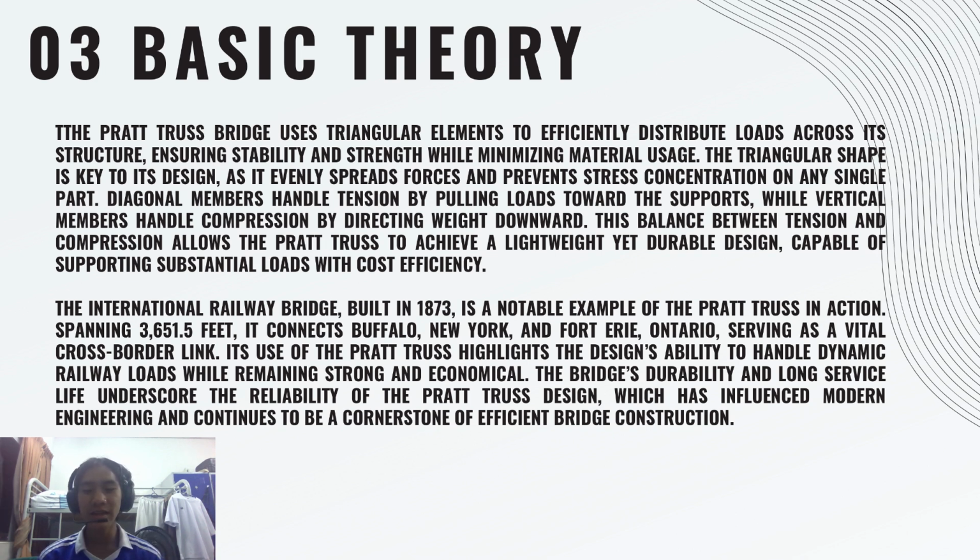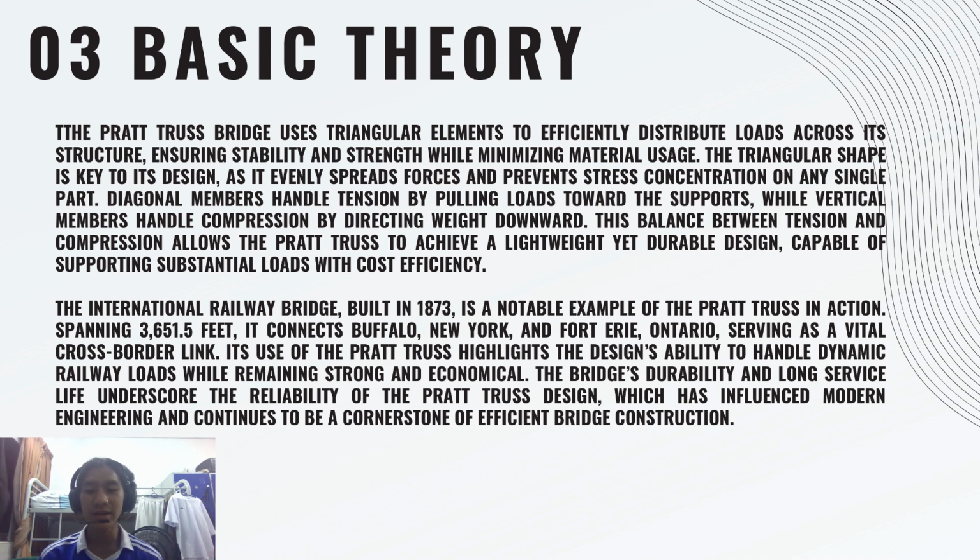Diagonal members handle tension by pulling load toward the supports, while vertical members handle compression by directing weight downward. This balance between tension and compression allows the Pratt truss to achieve a lightweight yet durable design, capable of supporting substantial load with cost efficiency.